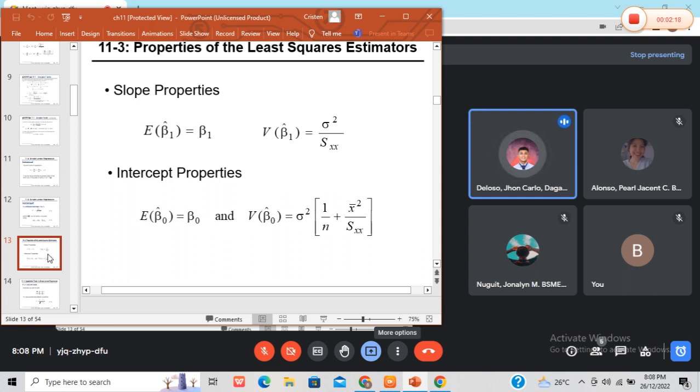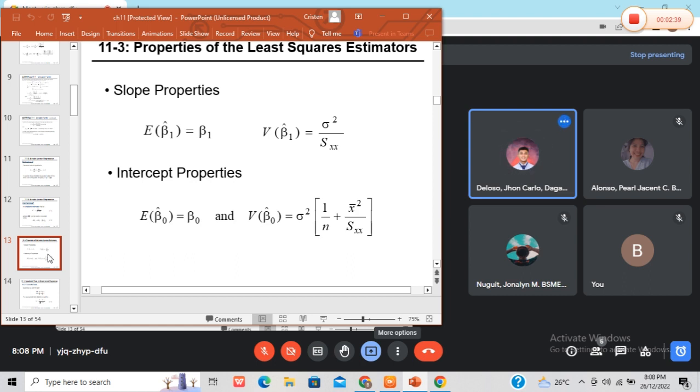Slope properties. The expected value of beta hat sub 1 is equal to beta sub 1, and the variance of beta hat sub 1 is equal to the variance divided by S xx. Intercept properties.